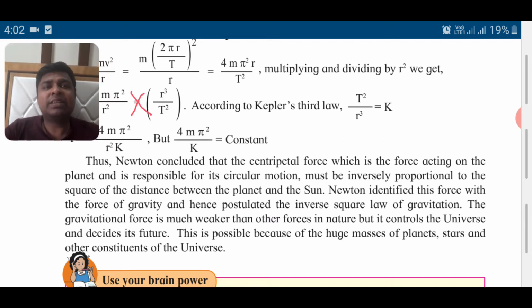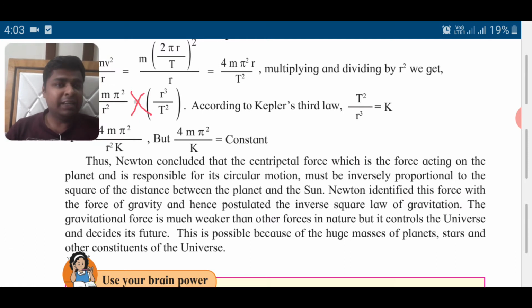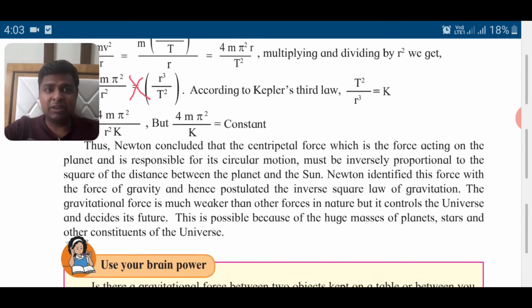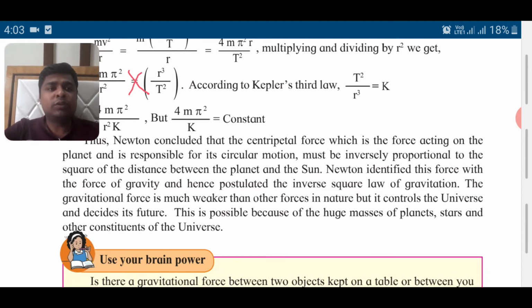That is nothing but Newton's law. In Newton's law, you know that if you go away from the planet, the gravity decreases. If you come near the planet, the gravity increases on that object. The same we understood with the help of Kepler's law. So Newton has shown the relationship between Kepler's law and his law.